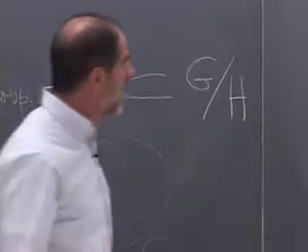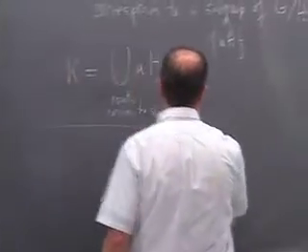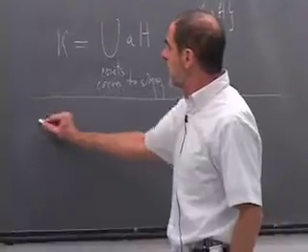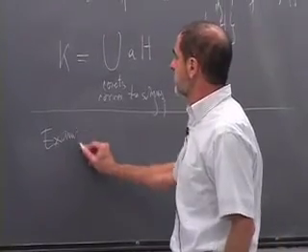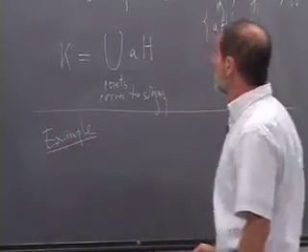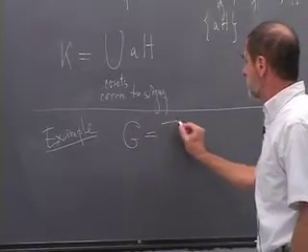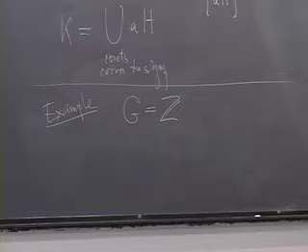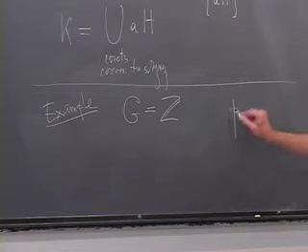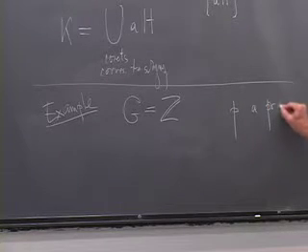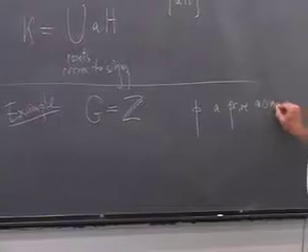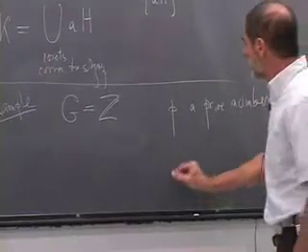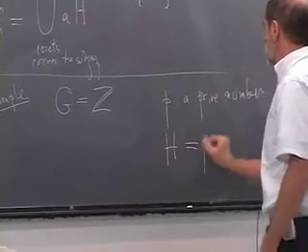That's important, so I'll give you an example of this, which we'll use later on. Start with the group G equal to Z under addition; everything's normal. Now let p be a prime number, and consider the subgroup H, which is multiples of p.